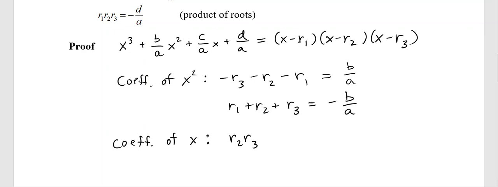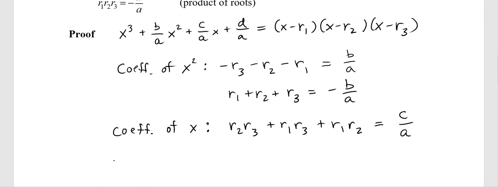Or you can take negative r1, then x, then negative r3, and that contributes plus r1 r3 to the coefficient of x. Or you can take negative r1, then negative r2, then x, and that contributes r1 r2 to the coefficient of x. So that must be equal to the coefficient of x on the left side, which is c over a. And that is one of Vieta's formulas, the sum of the roots taken two at a time.